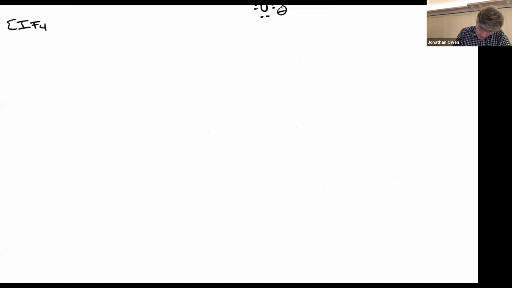We're going to do IF4 plus. Wacky. So let's start here with the central iodine. And I'm going to just put some fluorines around it.